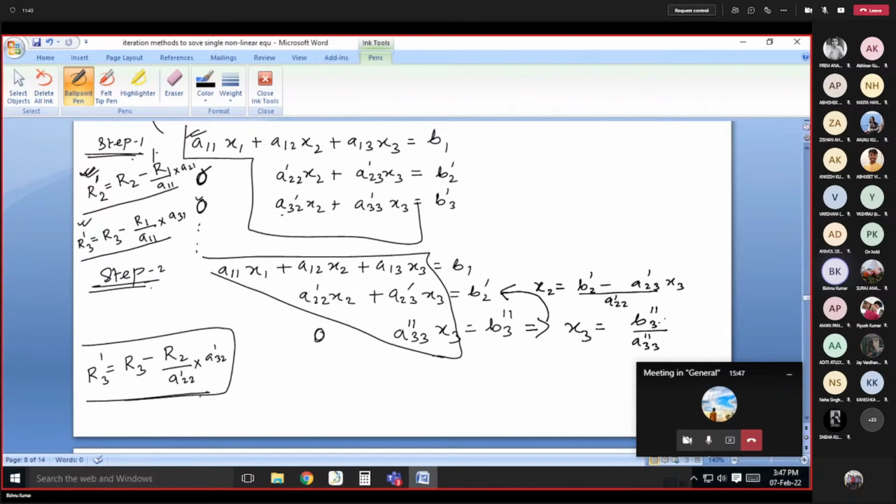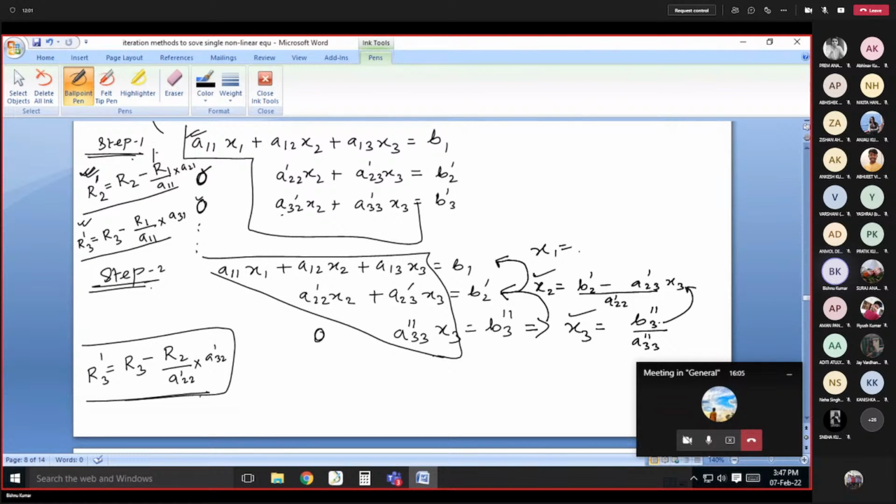After getting x3 and x2, use them in the first equation, and you will get x1.